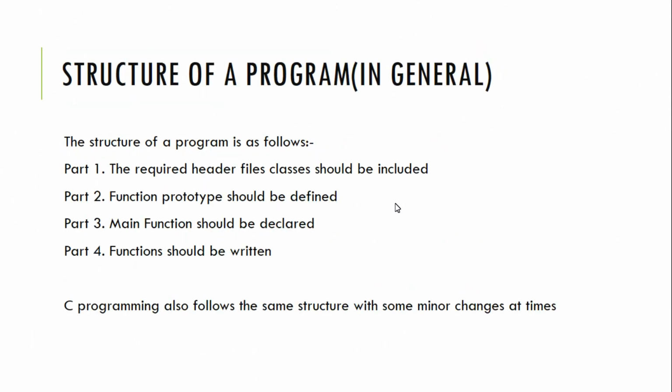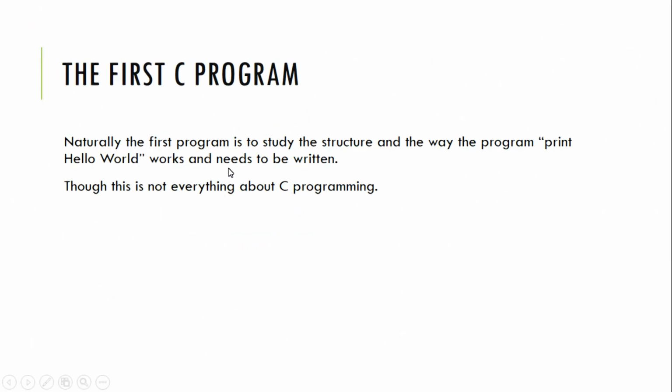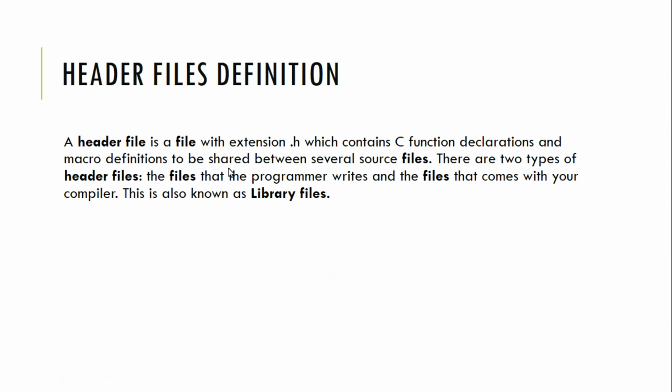As I said, the header file will be discussed later in this video. So here we are with the header file definition. What does the definition say? The header file is a file with the extension .h, which contains C function declarations and macro definitions to be shared between several source files. That is, there are some inbuilt functions.